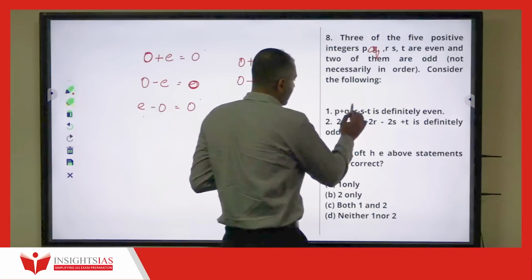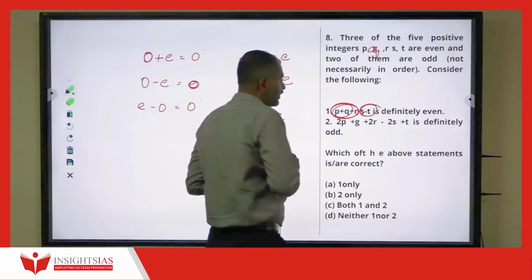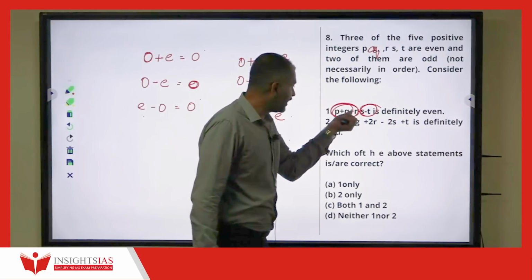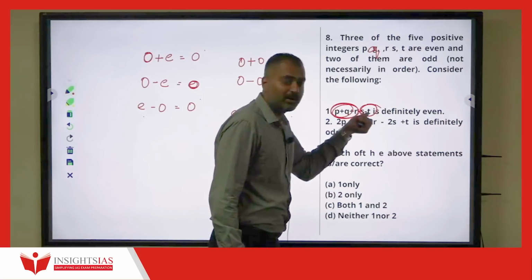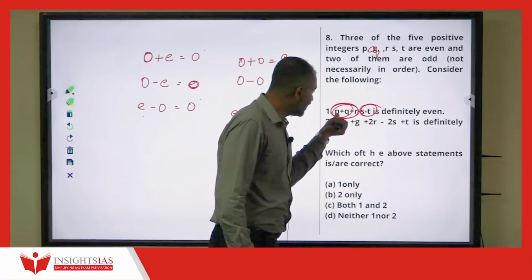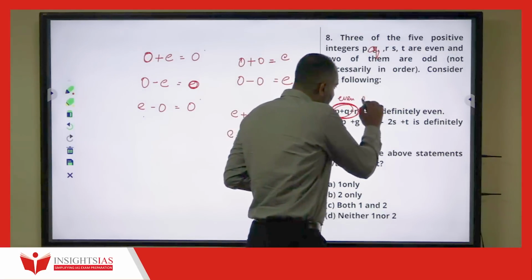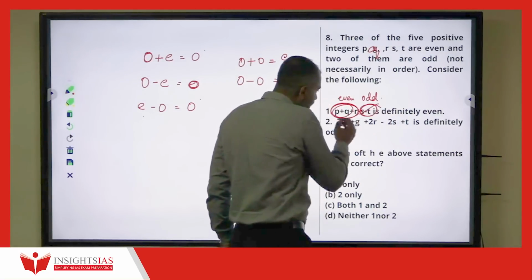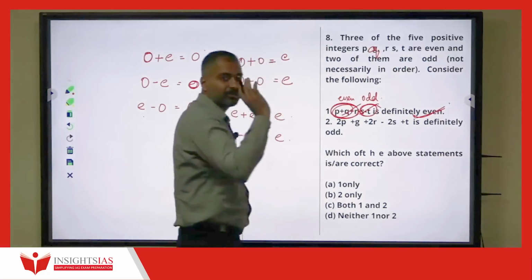Now look here. Let's say these 3 are even and these 2 are odd. If you have one odd and one even, you will get odd. Again, this one is even. See, P plus Q: if this is even and this is odd, the odd part cancels out, so it is definitely always even.